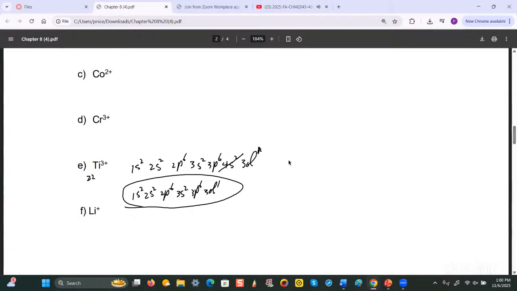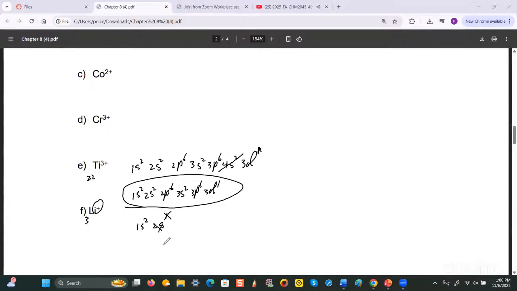Lithium is the next one. The atomic number of lithium is 3, right? This one is relatively easy because it's basically 1s2, 2s1. That's the atom. To get lithium plus, all we need to do is remove one electron, and this will be the electron removed.